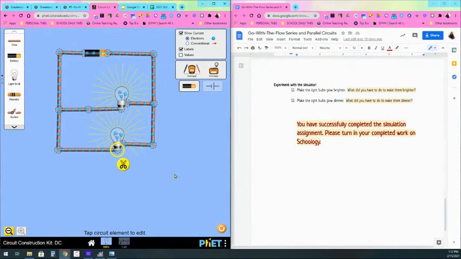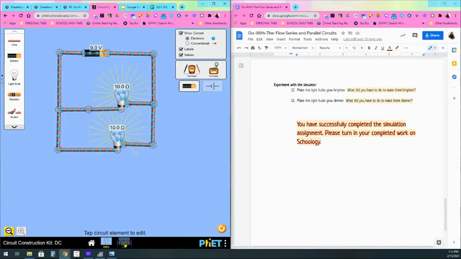So now you were to make the bulbs glow brighter. So how can we get these bulbs to glow brighter? Let's look at the values of what we have right now. We have a 9-volt battery here, and we have bulbs that are offering a 10 ohm resistance.